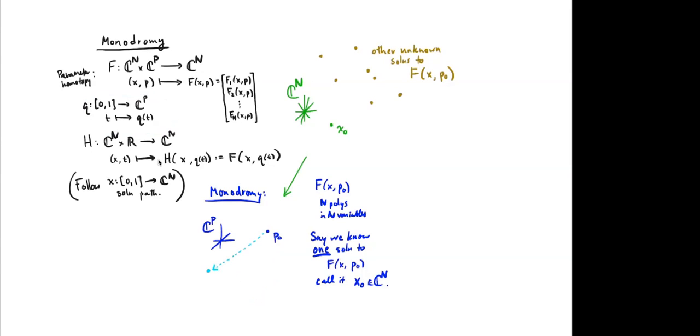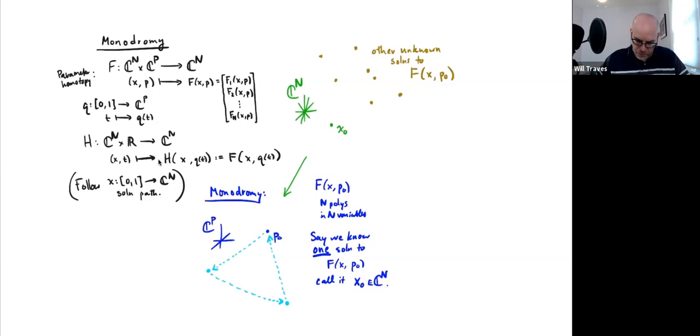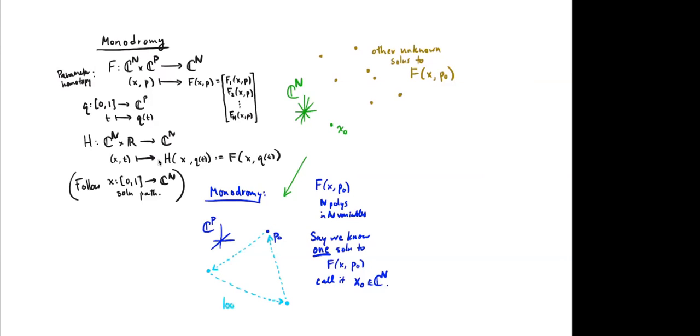Just go over to some new random parameter, and then go over to a second random parameter, and then go home. Okay? Now, this is a loop in parameter space.